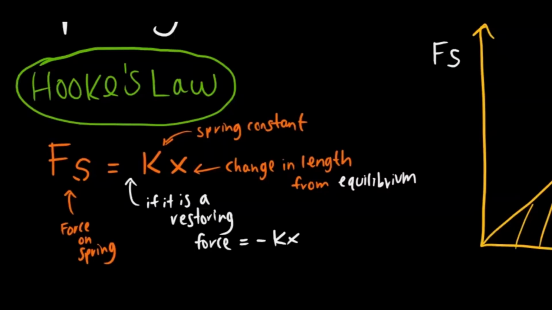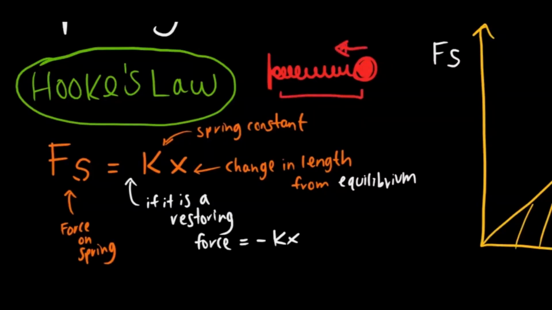Something to note here is that when it's oscillating in simple harmonic motion, if it's the restoring force, it's going to be negative kx instead of just kx. Because if you think about it, I should draw this out. So if you have, let's say this, and then you have the spring here, and there's a ball attached to the end.